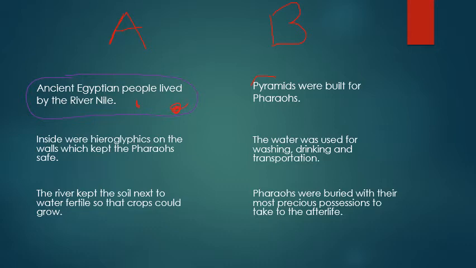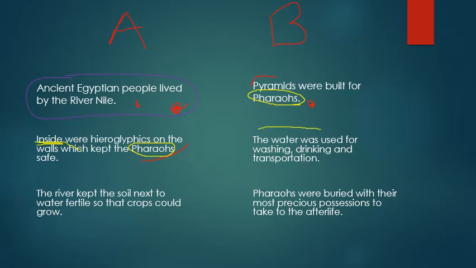In this statement here, we're talking about ancient Egypt and the River Nile. And this one here, thinking about pharaohs and pyramids. Would they necessarily link? Would those 2 sentences go together in the same paragraph? Next one down here. Inside were hieroglyphics on the walls which kept the pharaohs safe. Now already this word has cropped up in this sentence here and this one over here. And I want you to think about inside where.